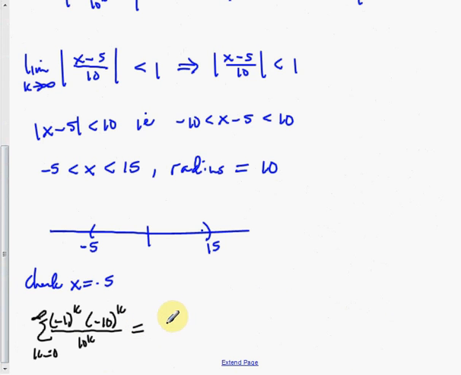Let's simplify this. This is the summation as k goes from 0 to infinity. This is negative 1 to the k. That negative 10 to the k is negative 1 to the k times 10 to the k.